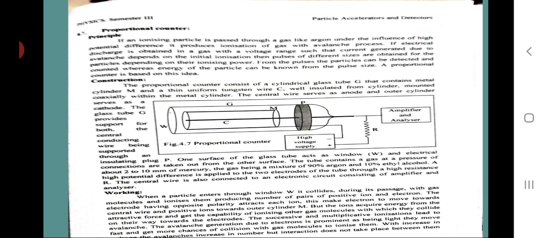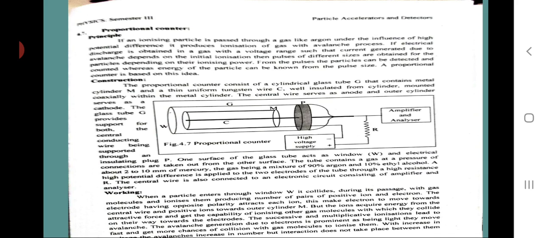The tube contains a gas at a pressure of about 2 to 10 mm of mercury, the gas being a mixture of 90% argon and 10% ethyl alcohol.